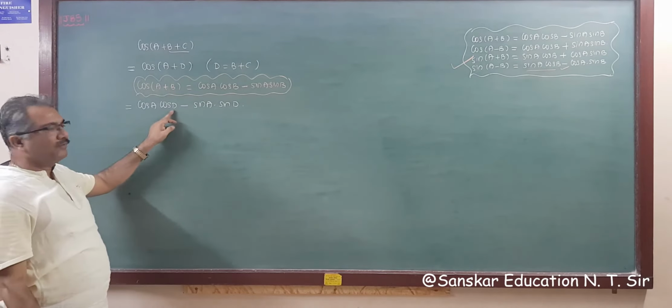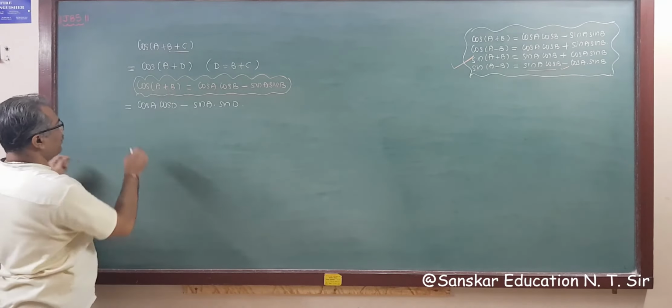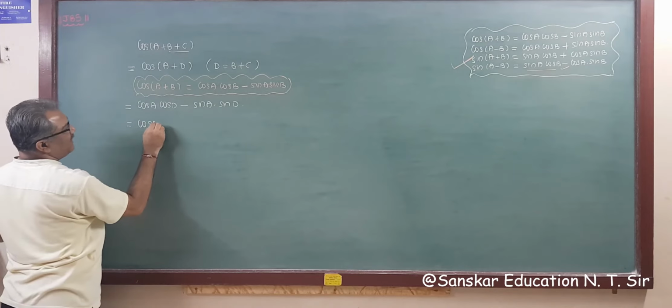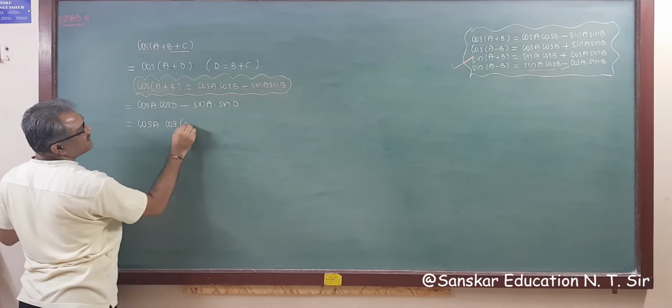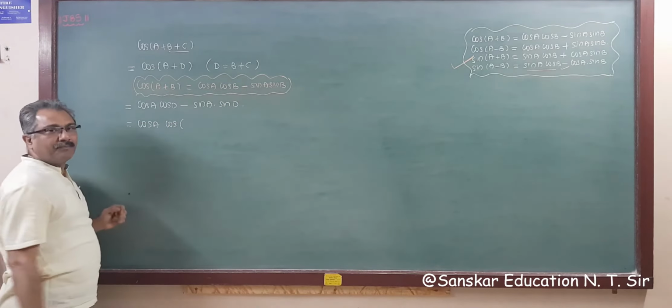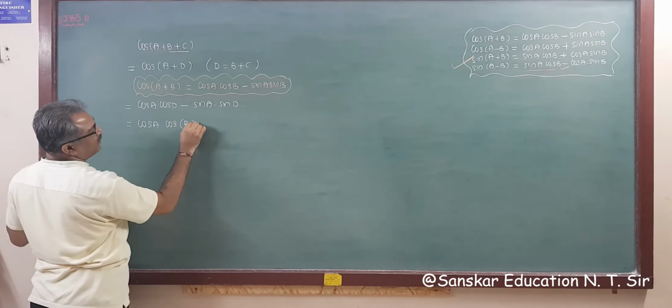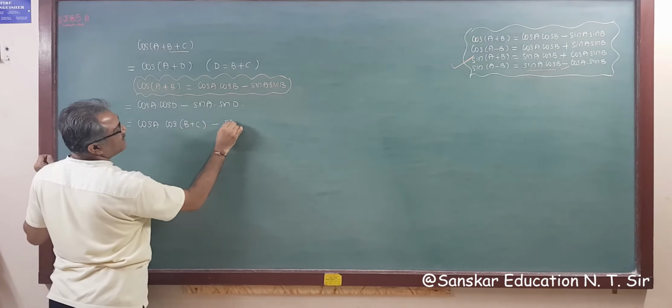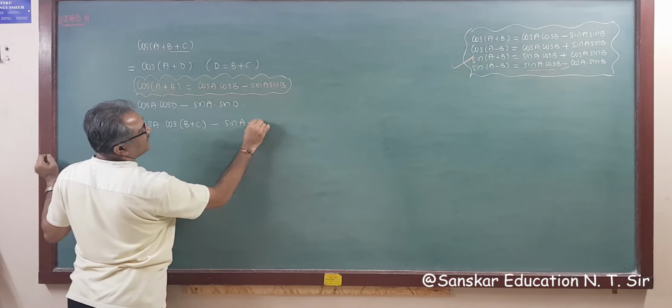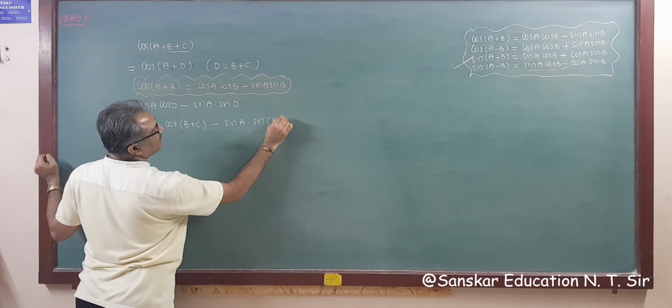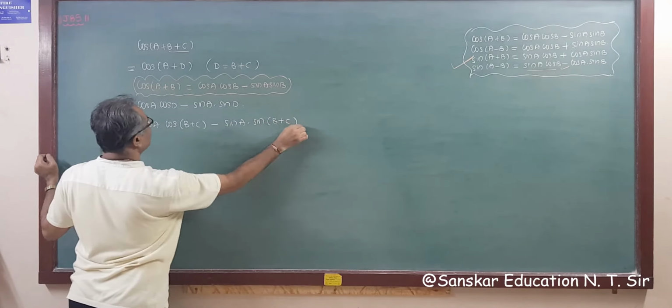Now substitute value of D here, what we get here? So cos A cos(B+C) minus sin A sin(B+C), D is B+C.